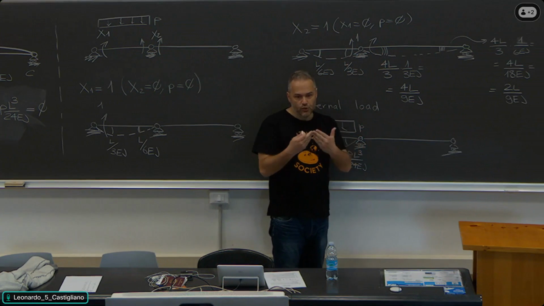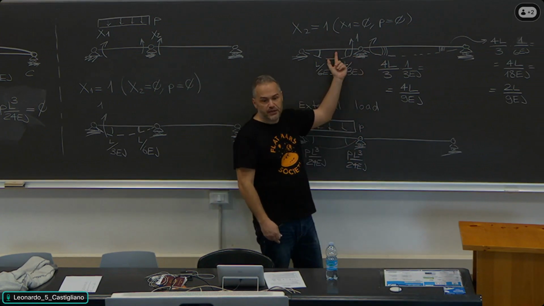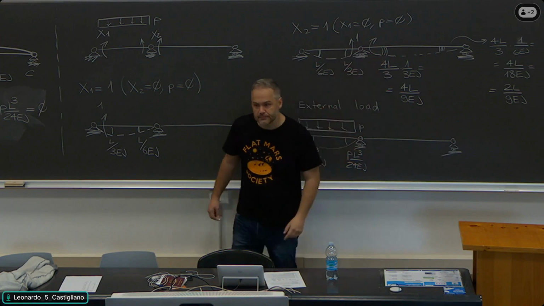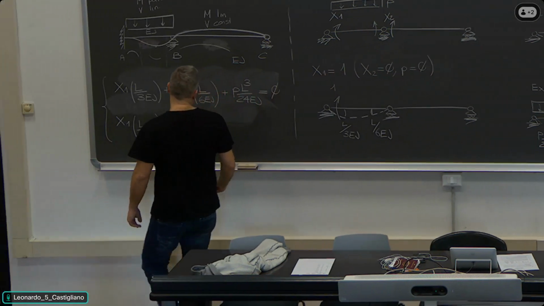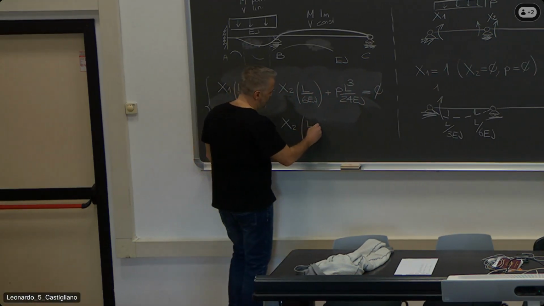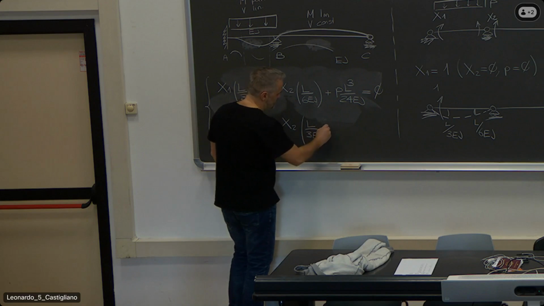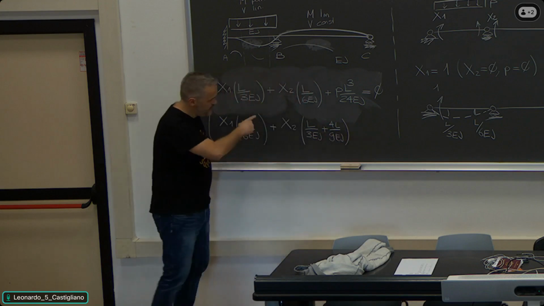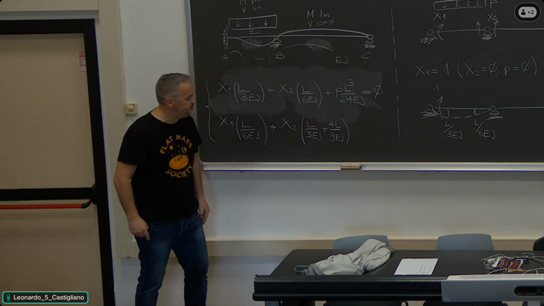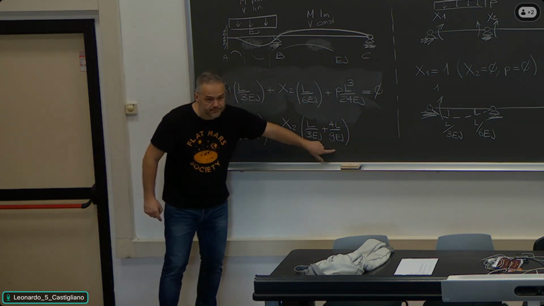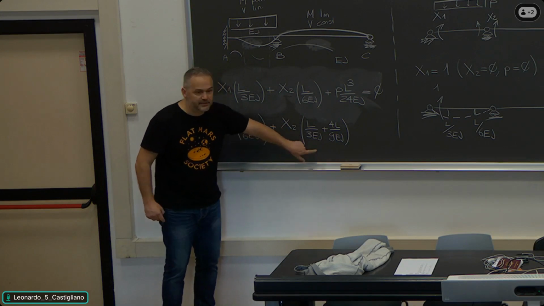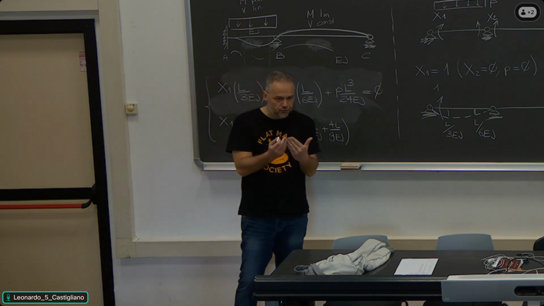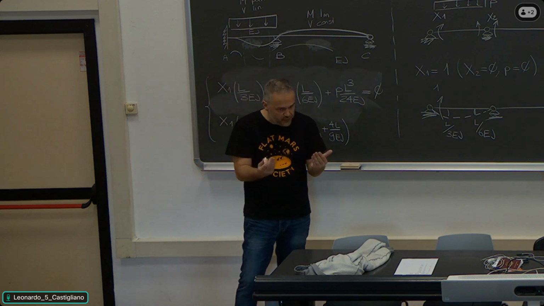The angle widens, it opens by L over 3EJ to the left, 4L divided by 9EJ to the right. Meaning that we have L over 3EJ plus 4L divided by 9EJ. I leave it like this so you see the two contributions. Note that I sum them even if one is counterclockwise and the other is clockwise, because they both contribute to the opening in the same way, so in a positive way.